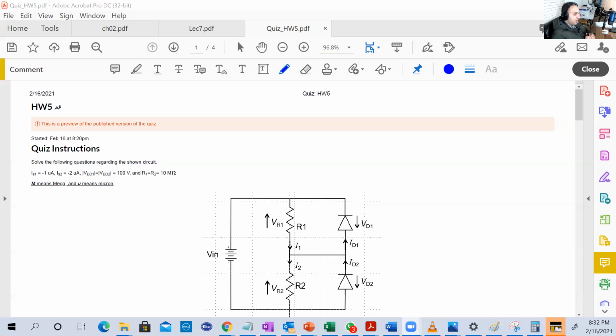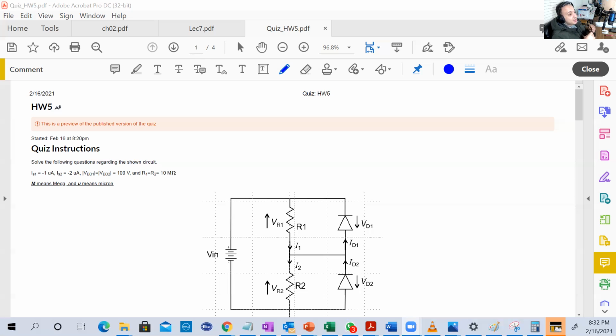Each one has its own IS. And D2 was working in region 1, in which VD2 is comparable to VT, and it was minus 18 millivolts, if you remember.